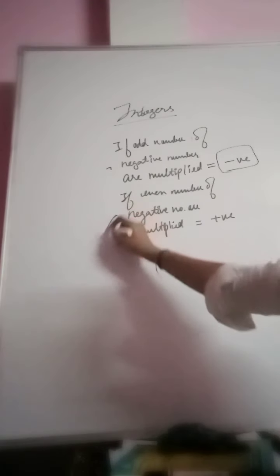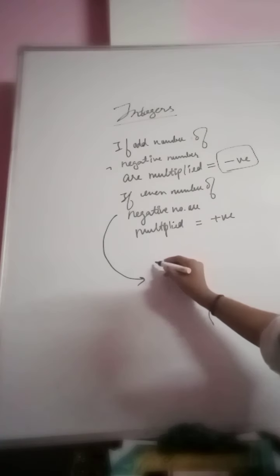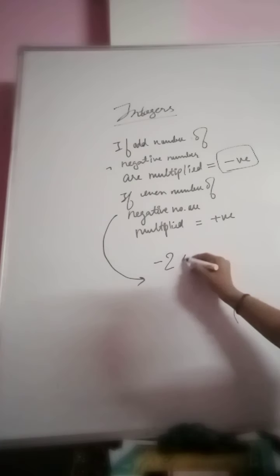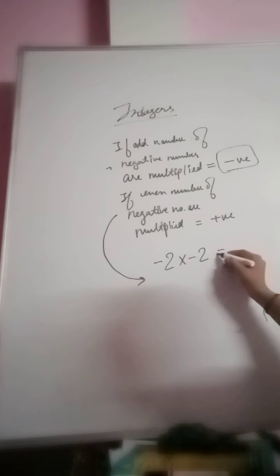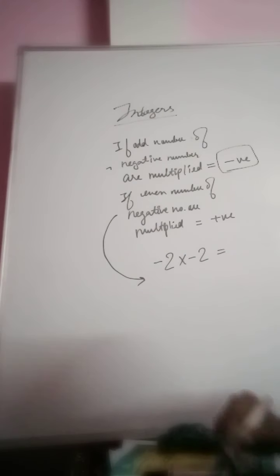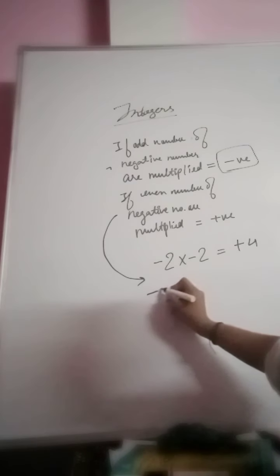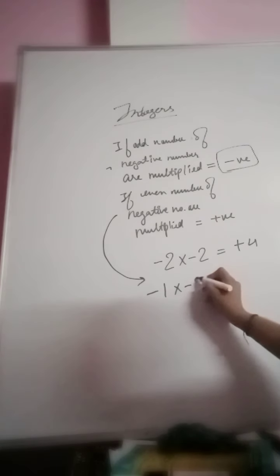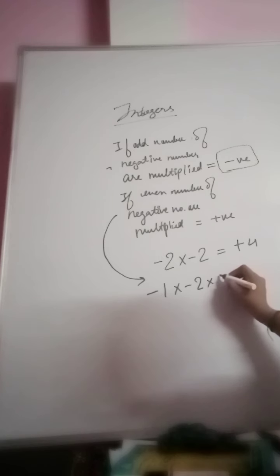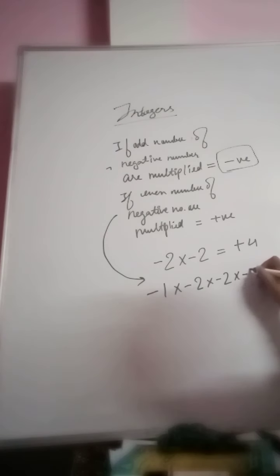This part, if an even number of negative numbers are multiplied, if I say minus 2 into minus 2, as everybody knows, minus into minus is plus, so I'll get plus 4. If I have minus 1 into minus 2 into minus 2 again into minus 3.